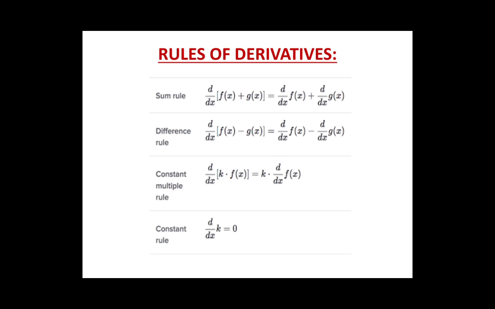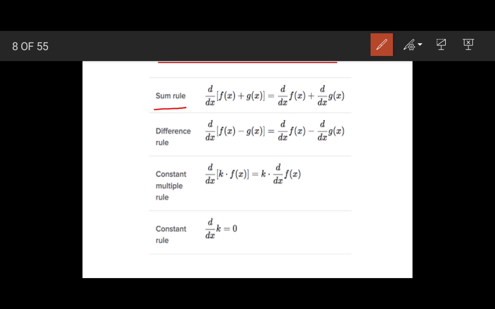Now the first rule is the sum rule. Sum rule means suppose there are two functions f of x and g of x, and in between there is a plus sign, an addition sign, and we have to find the derivative of both the functions. So that is equal to derivative of first function plus derivative of second function.